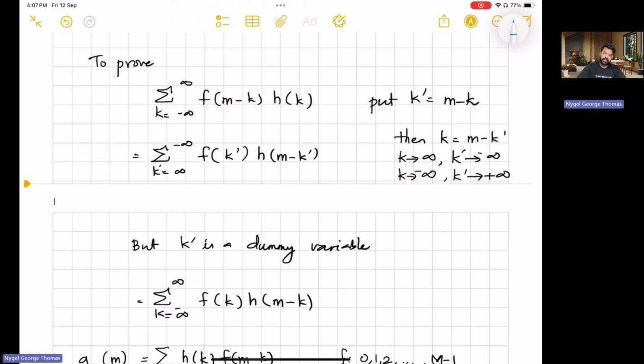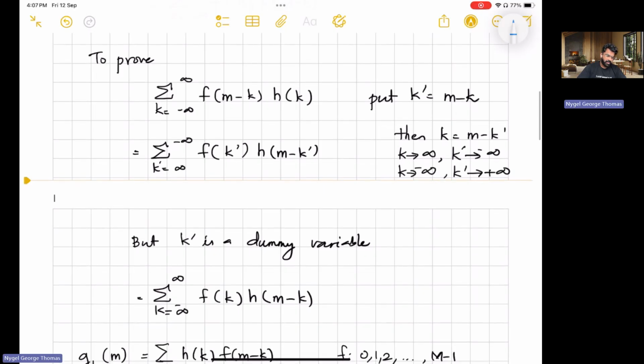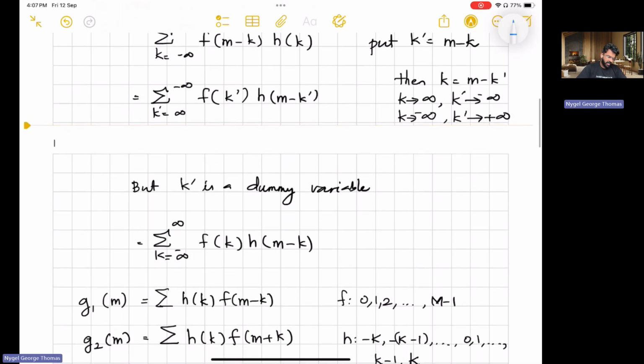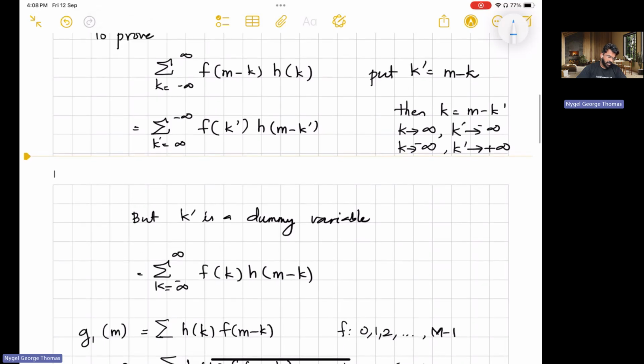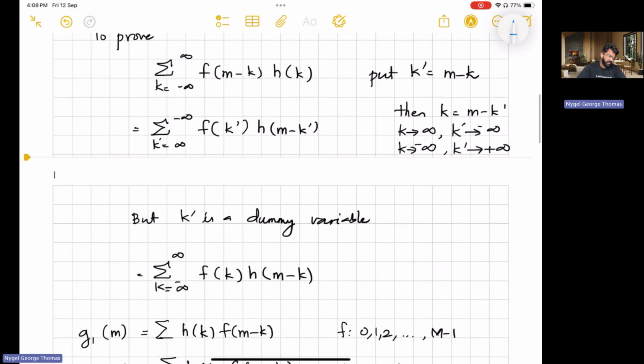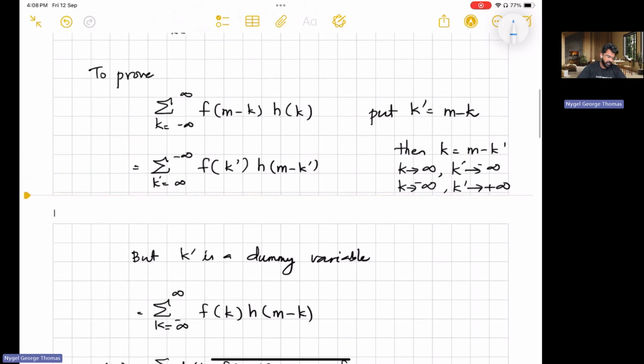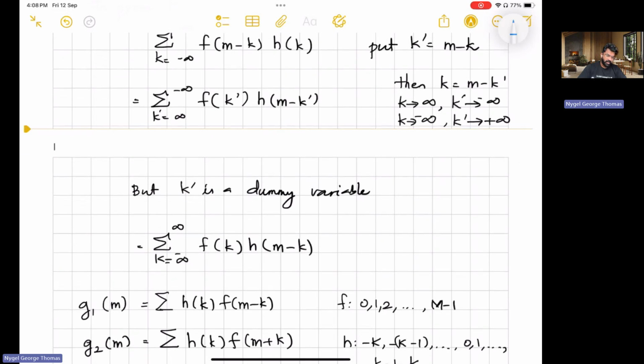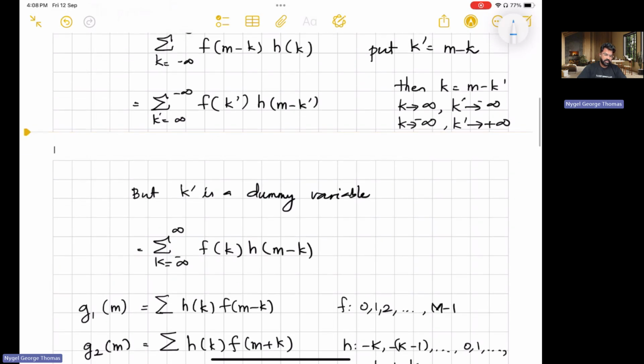Suppose this is how we define the convolution: the sum over k from minus infinity to infinity of f of m minus k into h of k. Now put k dash equal to m minus k. Then m minus k becomes k dash, and k becomes m minus k dash. The summation will then be in terms of the variable k dash from minus infinity to plus infinity, or plus infinity to minus infinity, whatever.